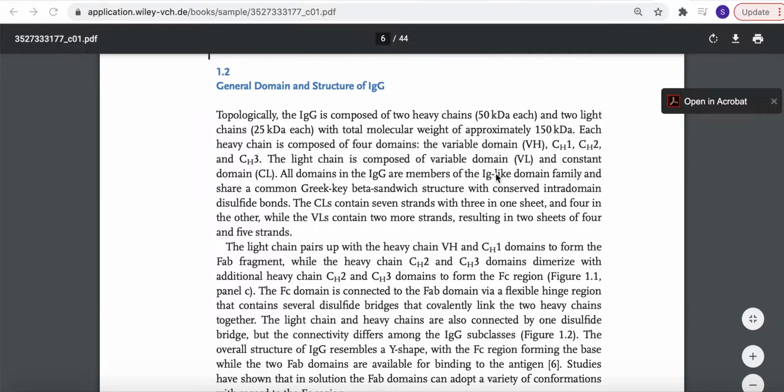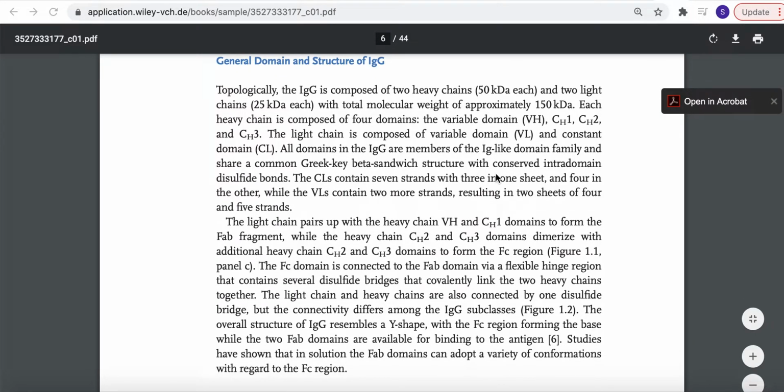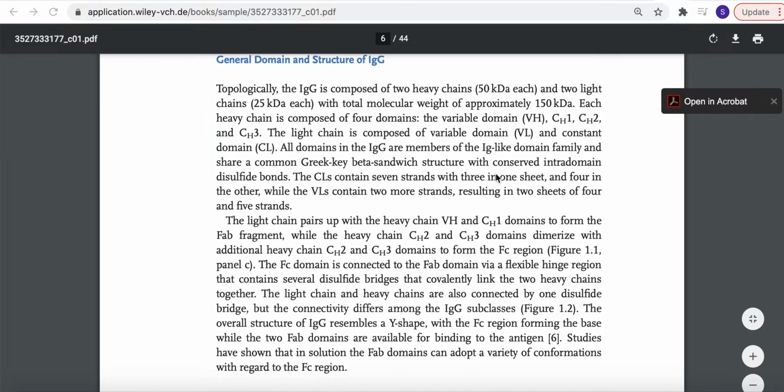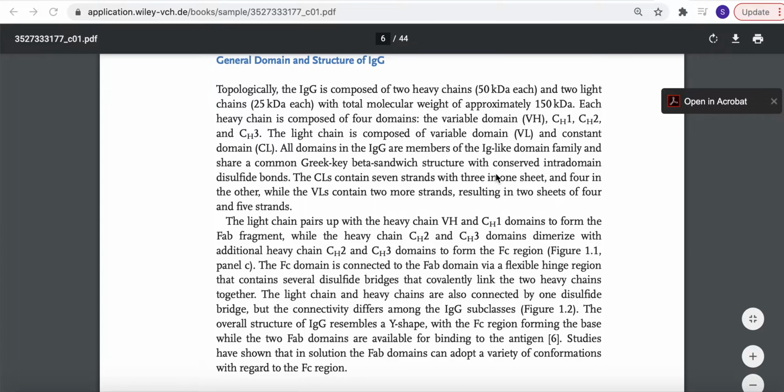All domains in the IgG are members of the Ig-like domain family and share a common Greek key beta sandwich structure with conserved intradomain disulfide bonds. The light chain pairs up with the heavy chain's domain to form the Fab fragment, while the heavy chain CH2, CH3 domains dimerize with additional heavy chain.